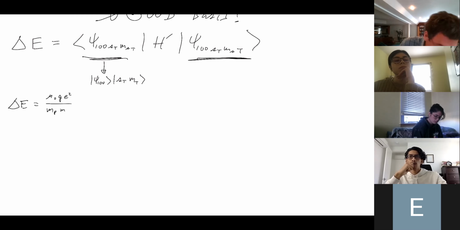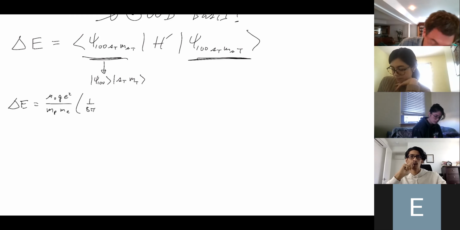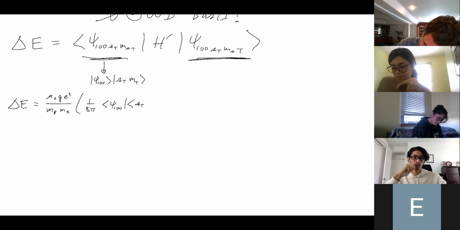M sub P, M sub E. Then I have a 1 over 8 pi. Then I have a psi 1, 0, 0, S total, M total.